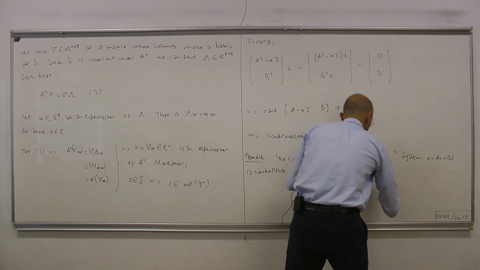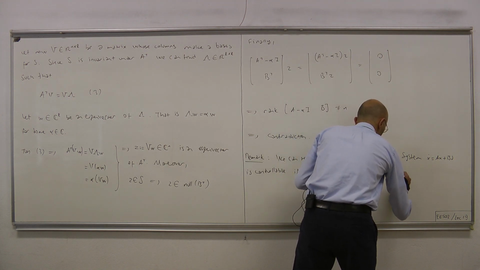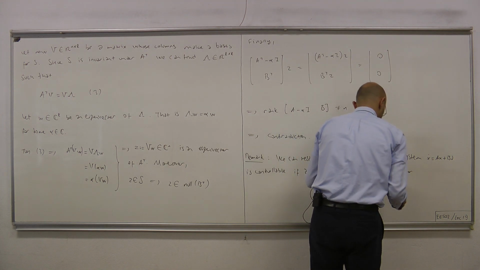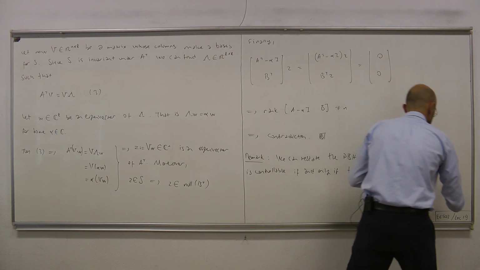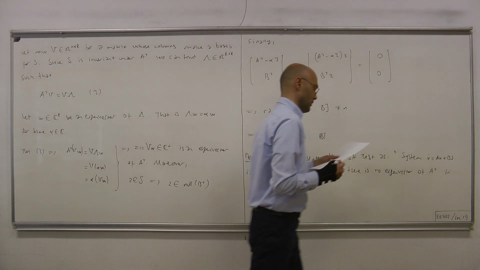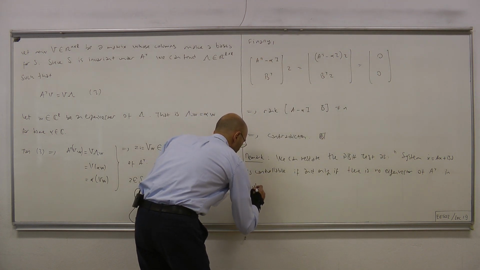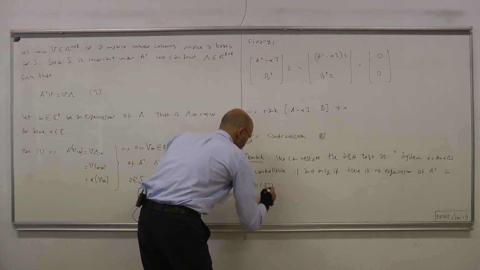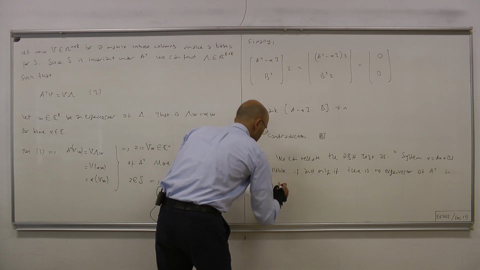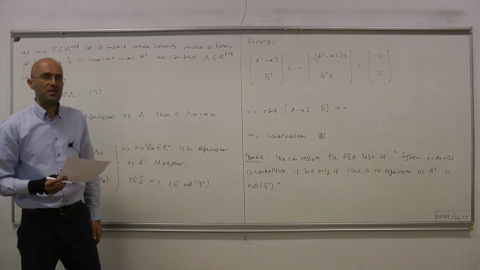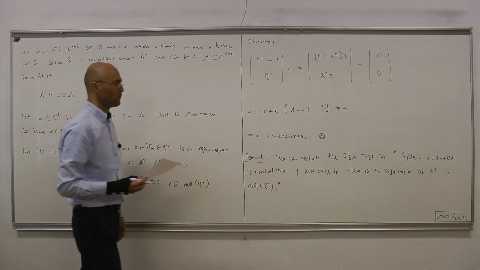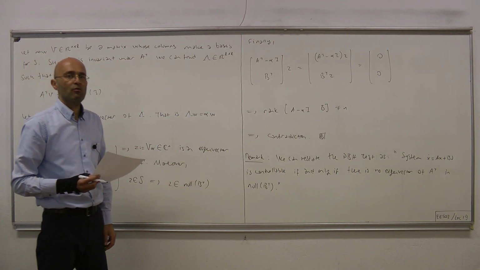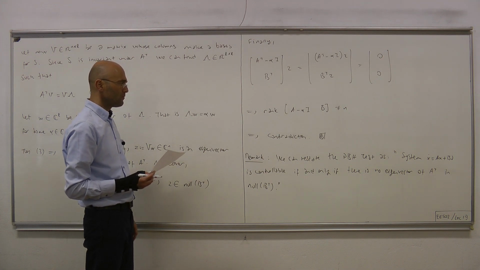There is no eigenvector of A transpose that belongs to the null space of B transpose. Okay. For this reason, the PBH test is sometimes also called the eigenvector test for controllability. Okay.